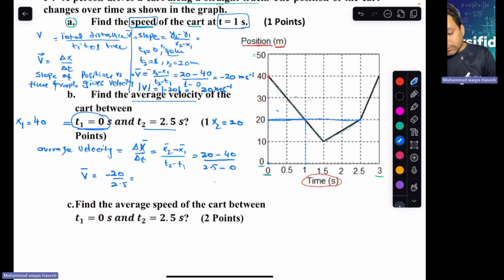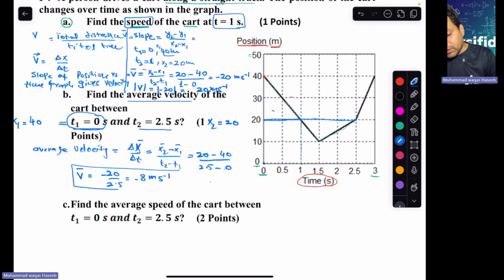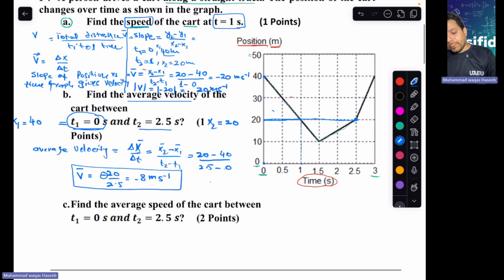And when we do the calculation, we get minus 8 meters per second. Okay, so the minus sign tells you the direction of the velocity. It is negative, in the opposite direction, because it starts from the higher position and now it's at a lower position. So the displacement is negative, so the direction of the displacement is negative. That's why the velocity is negative.